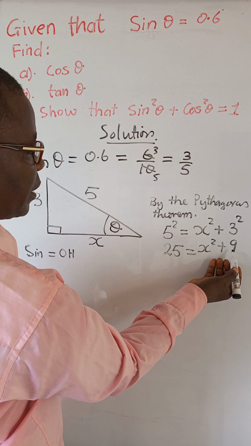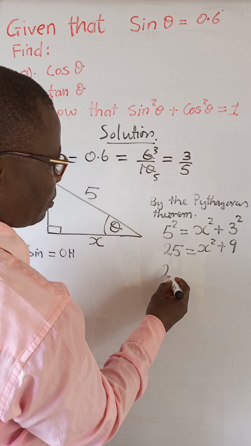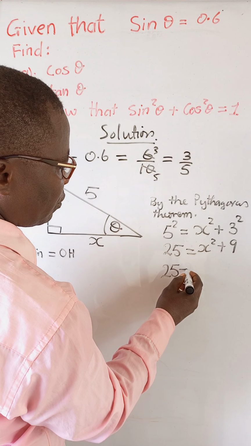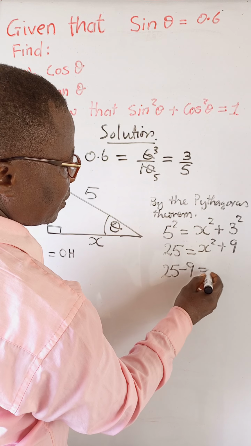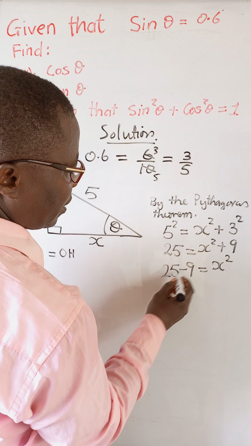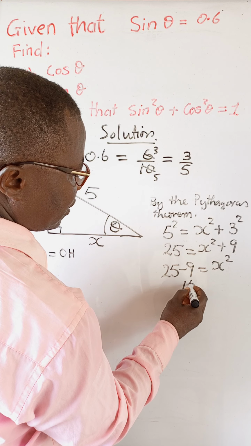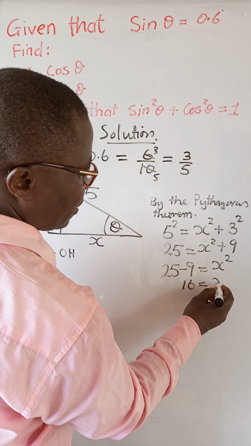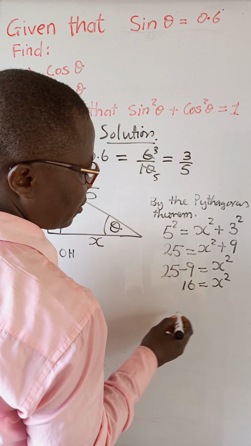Okay, so if we take the plus 9 this way, it will become minus 9. So we have 25 minus 9 is equal to x squared. 25 minus 9 gives us 16. So we have 16 equals x squared.